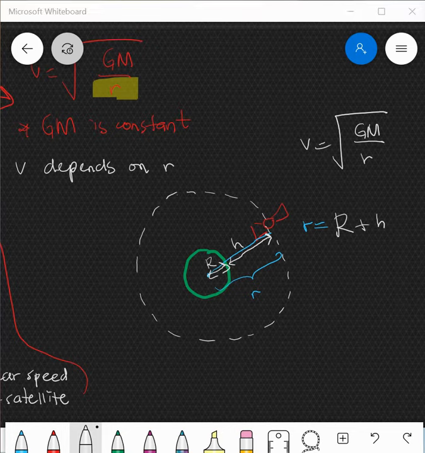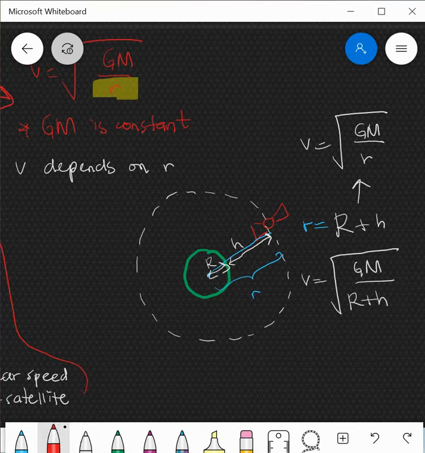If we substitute into this, we get V equals square root of GM over R plus H. So this is the formula for the linear speed of a satellite.